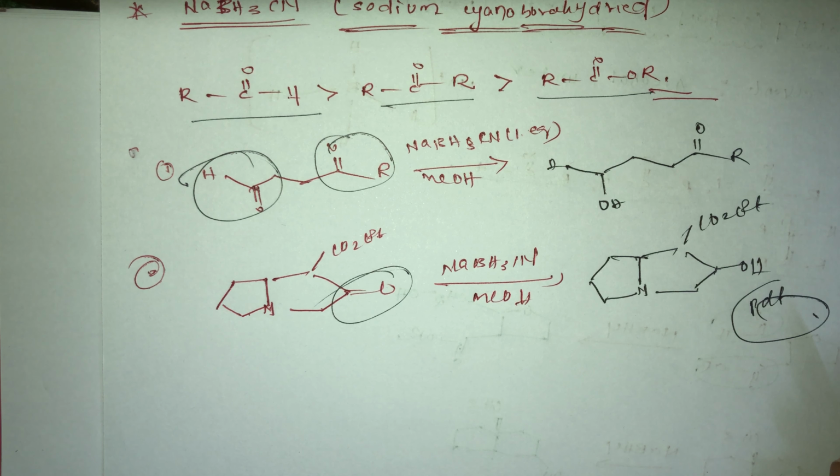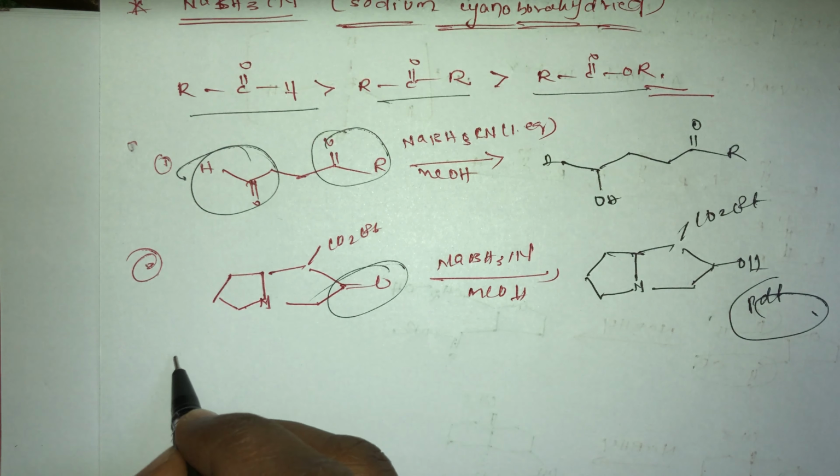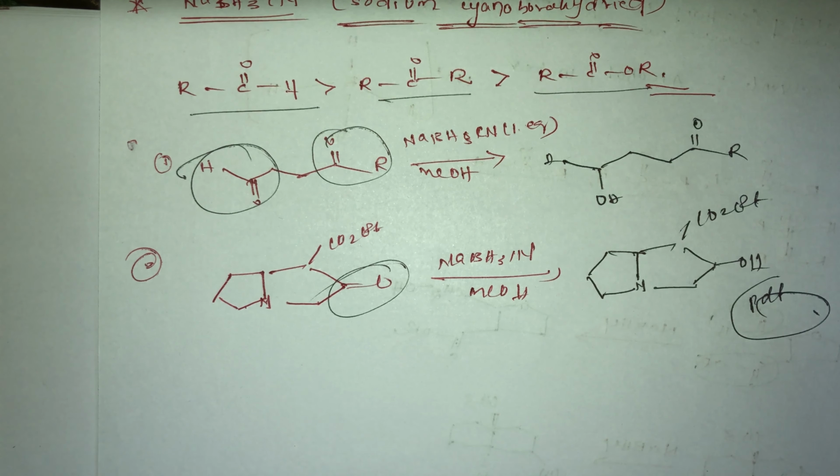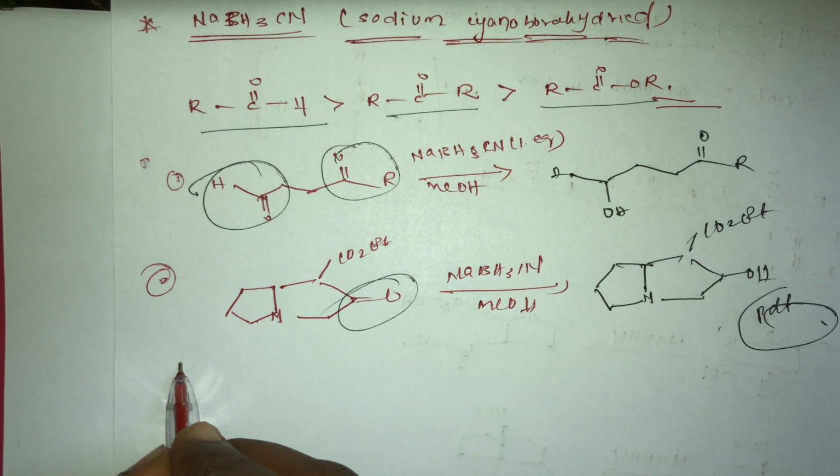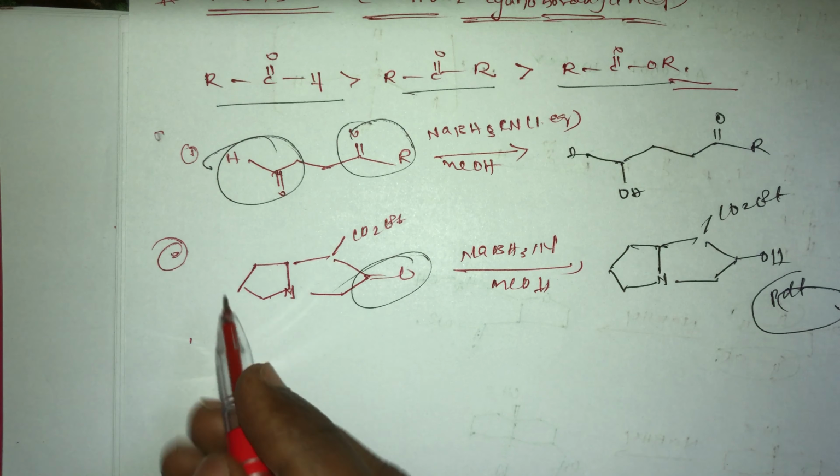And one more example, so that's it. These are the examples for today's lecture. If you see sodium borohydride and sodium cyanoborohydride, mainly what is happening?